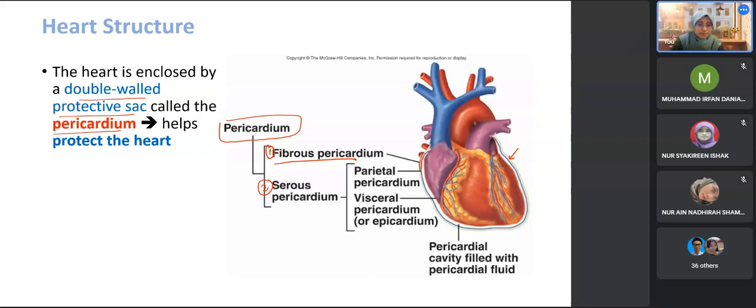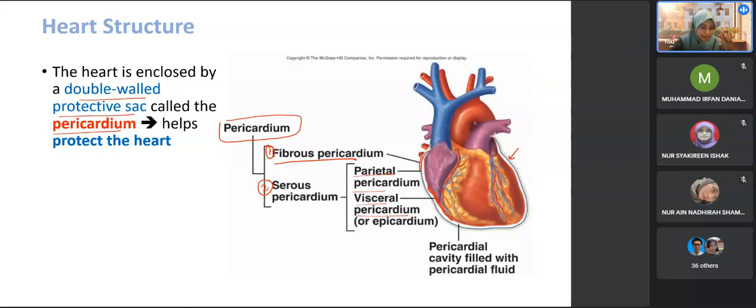The fibrous pericardium is the outer layer. The inner part is the serous pericardium, which has another two layers: the parietal pericardium, and the visceral pericardium or the epicardium. The epicardium is the thin layer on the outside of the heart.